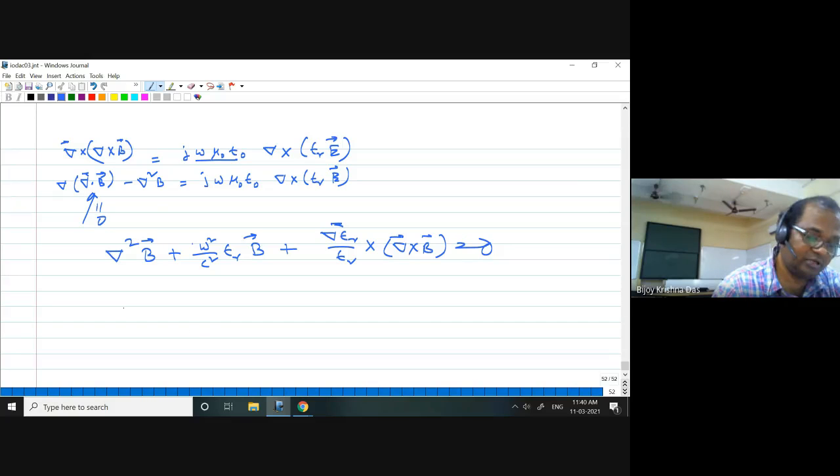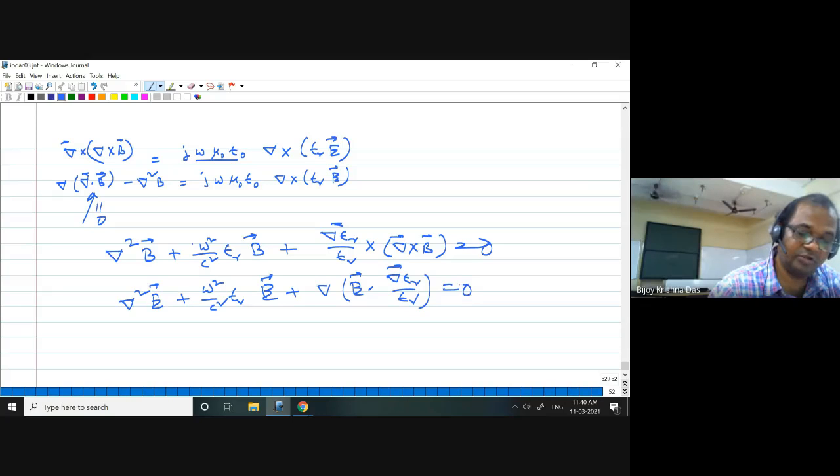So this is one equation, and earlier we derived grad square E plus omega square by c square epsilon r E, and then we wrote here grad of E dot grad epsilon r by epsilon r, that is equal to 0.